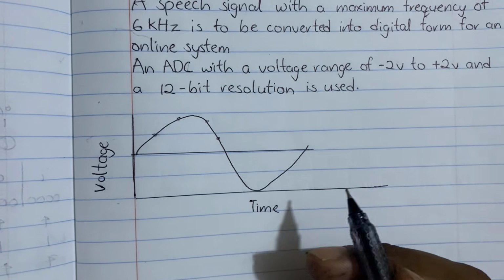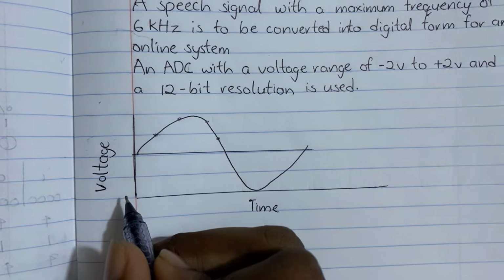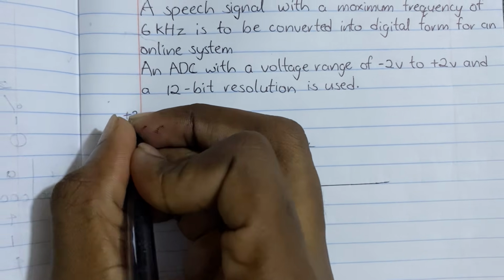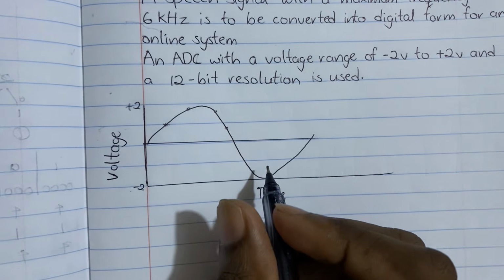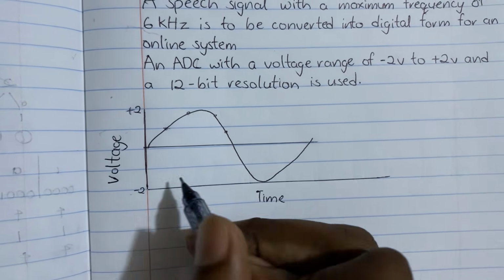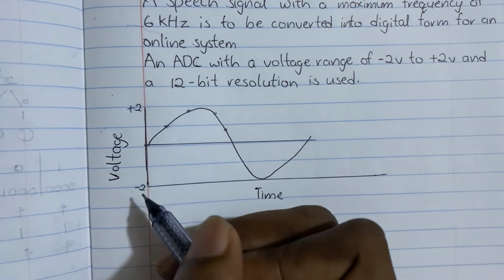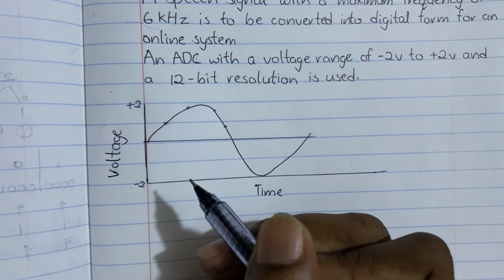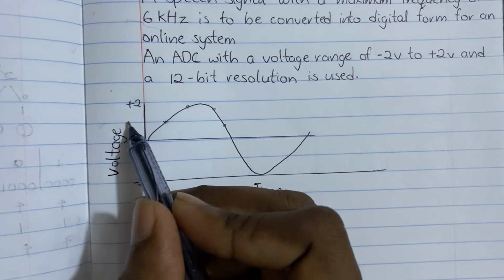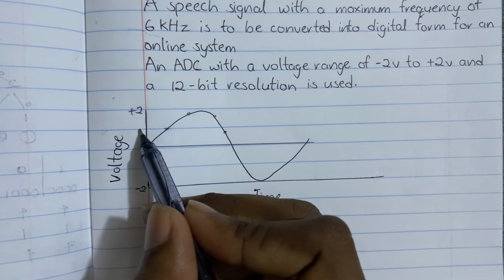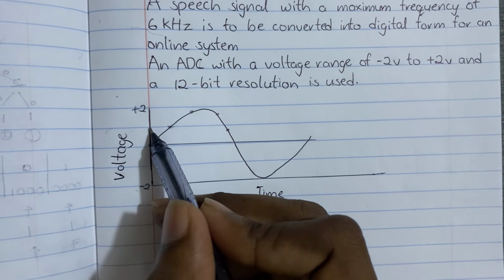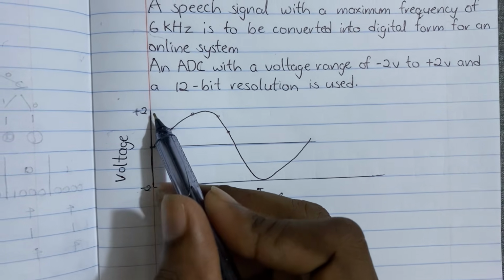Okay, and aside from that, there are the volts. We know here is +2 volts and -2 volts. The bit resolution also counts, because for 1-bit resolution we are going to have only 2 levels. So if we get 1 volt, it lies somewhere here, but since we only have 2 levels, we are still going to represent it with a 0 or a 1.